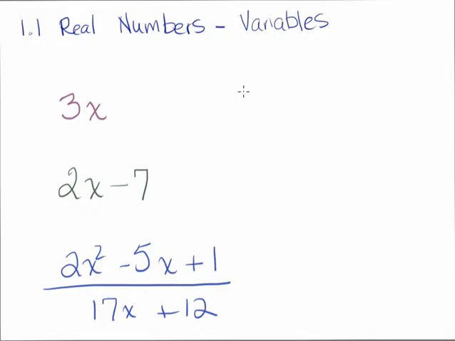Here's another algebraic expression. Let's see if I can make it really messy. Grouping symbols are parentheses, but they may come in different forms. So for example, 2 times all of the following, 3 minus 6 times x minus 1. The different kinds of grouping symbols I've used here are really just a way to keep things straight visually.